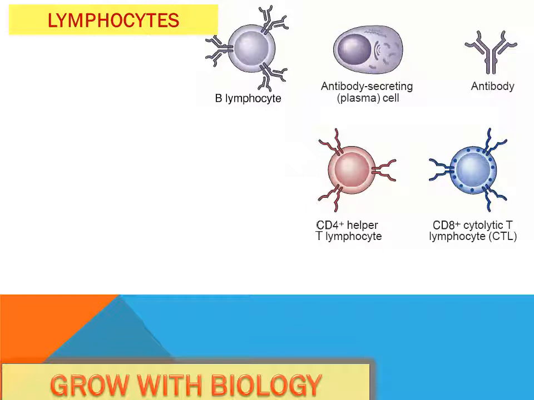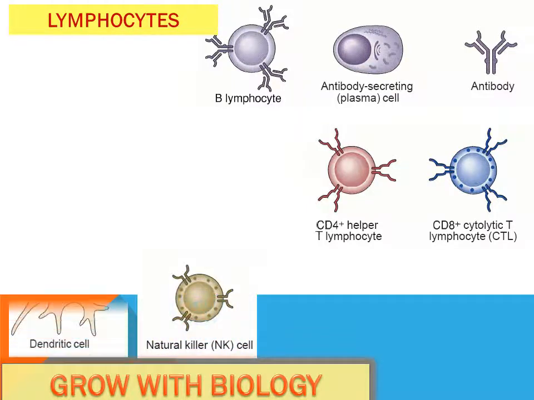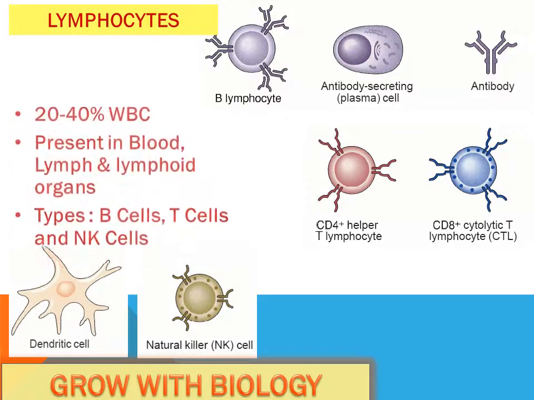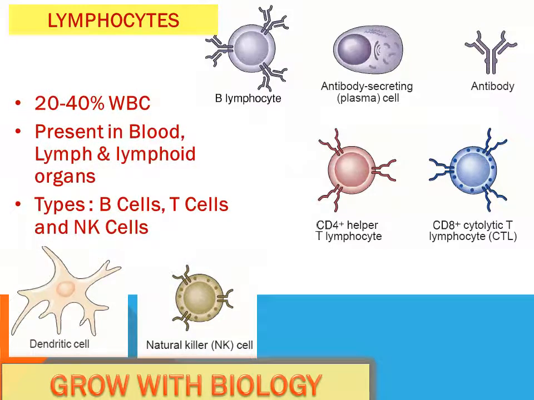The second type is T cell, which is of two types, with a marker of CD4 and a marker of CD8. Then there are natural killer cells and dendritic cells. Lymphocytes comprise 20 to 40% of WBC, that is white blood cells. They are present in blood, lymph and lymphoid organs. The types include B cell, T cell, NK cells as well as dendritic cell.